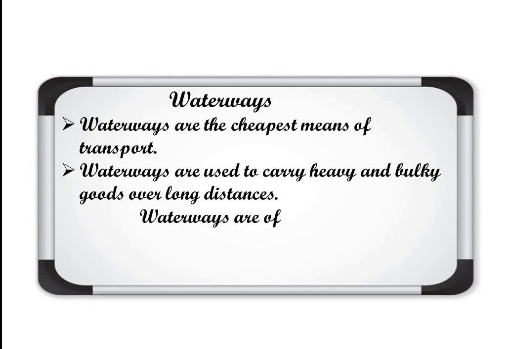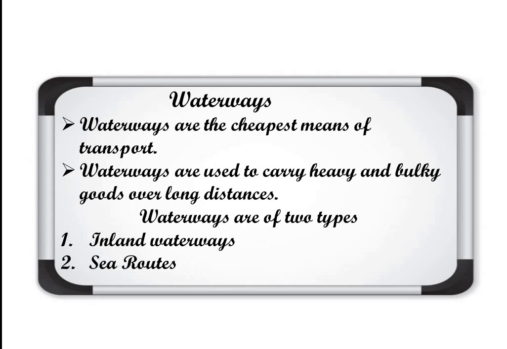There are two kinds of waterways. Number one, inland waterways inside a country, that is useful for transportation inside a country, and sea routes, that is really important for transportation between countries.